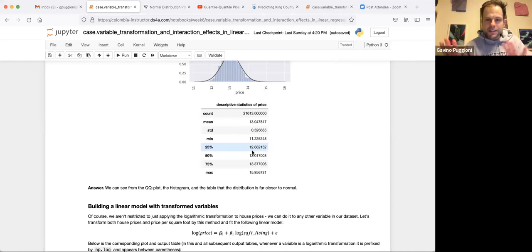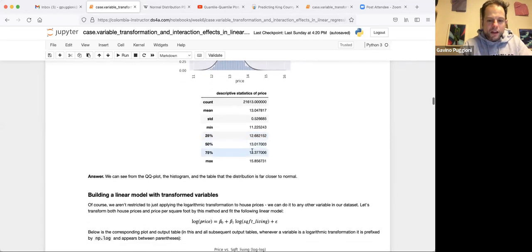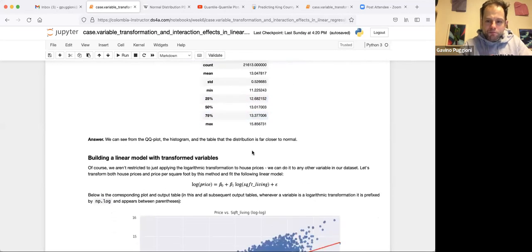But without giving further details at this point, let's transform both the price and the explanatory variable, the square feet of living space. So a simple linear regression will look like the following. Your response, your Y variable, log price, equals beta 0, the so-called intercept, plus beta 1, the slope, times the log of the square feet of living, which is the predictor, plus epsilon.